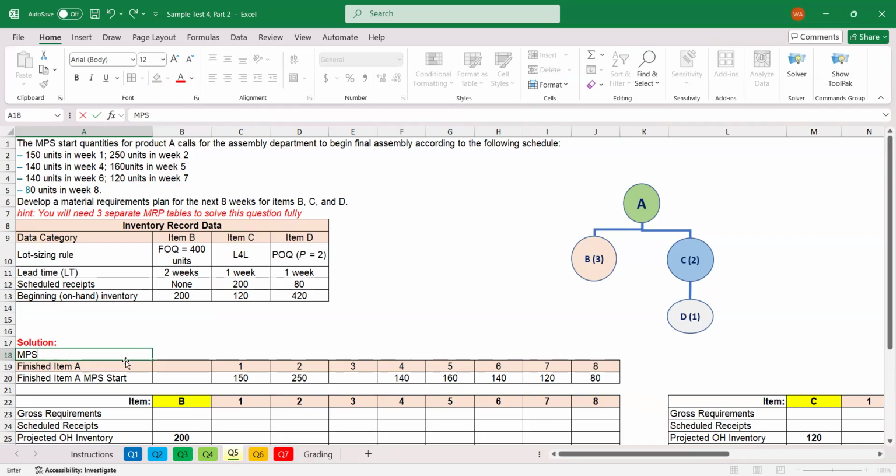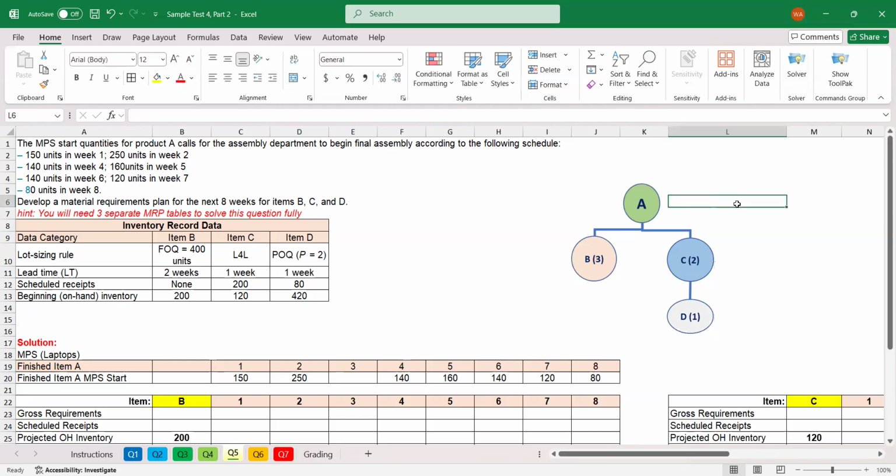If this company was making laptops, it's just telling you how many laptops are needed each and every week. So I need 150 laptops at the end of week 1, 250 at the end of week 2, and so on and so forth. Your level 0 item here, A, let's assume is the number of laptops needed.